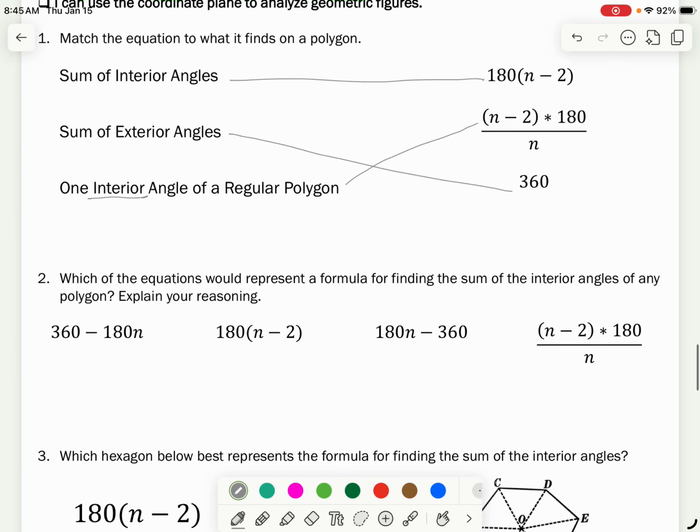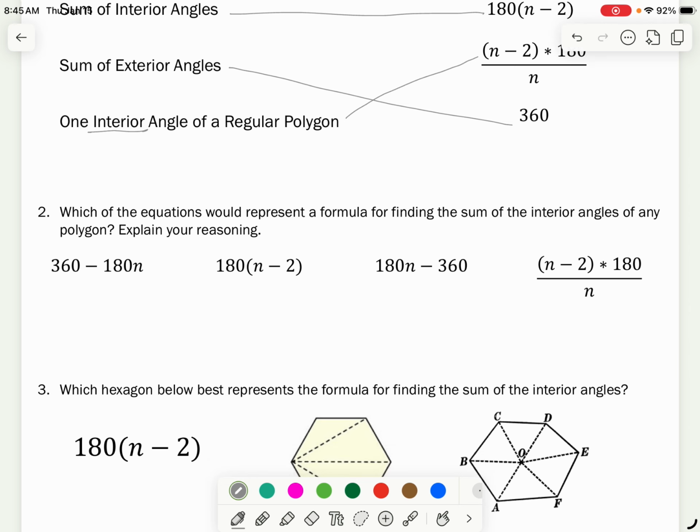All right. Which equations would represent a formula for finding the sum of interior angles of any polygon? Ooh, this one is pretty good. We know that it's going to be this one, but is there another way to write that? Definitely. It's kind of easy to see it here, but we could distribute the 180 to both terms.